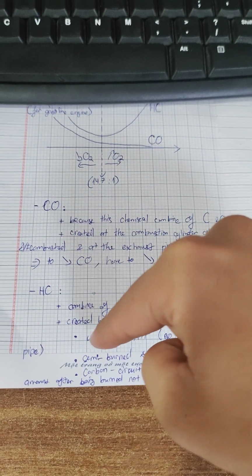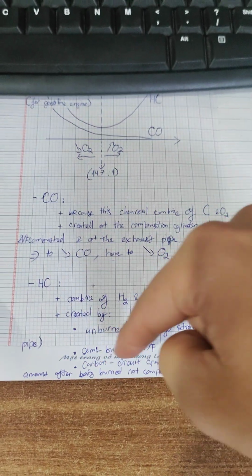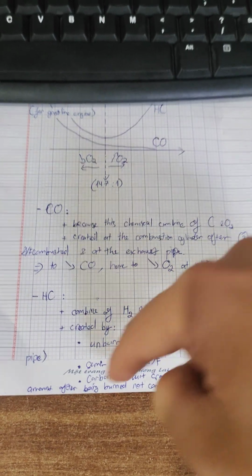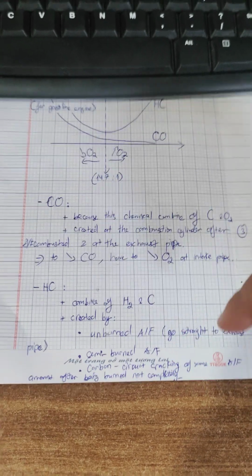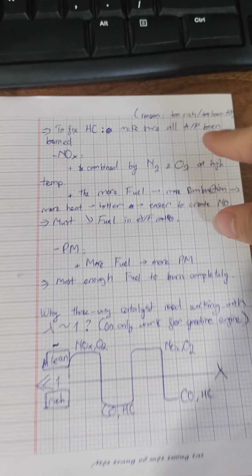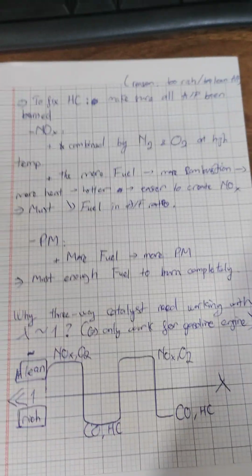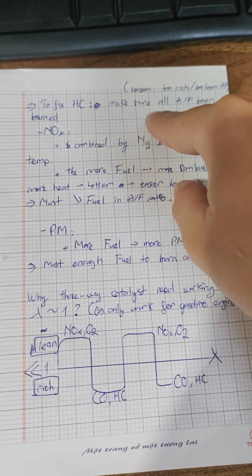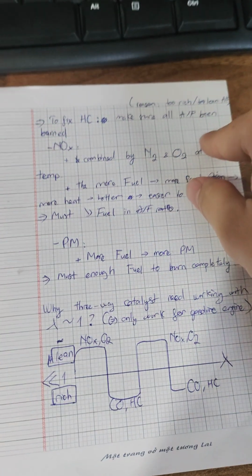The second factor is semi-burned fuel mixture, and the third one is cracking of some fuel amounts after being burned incompletely. The reason is a too rich or too lean fuel mixture. So to fix the HC problem, we have to make sure that all the fuel mixture is burned.